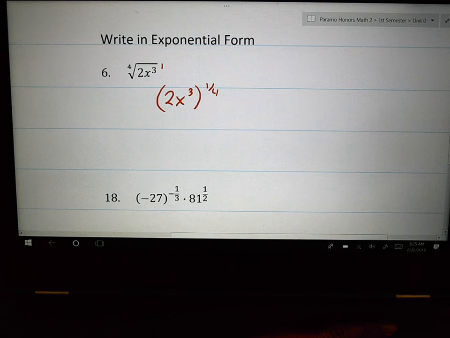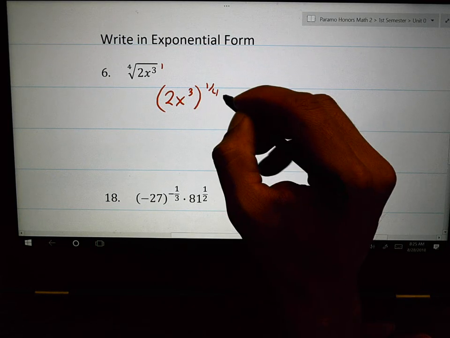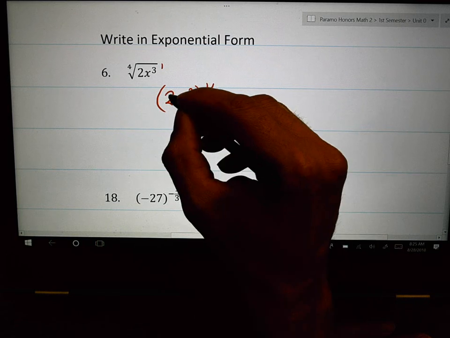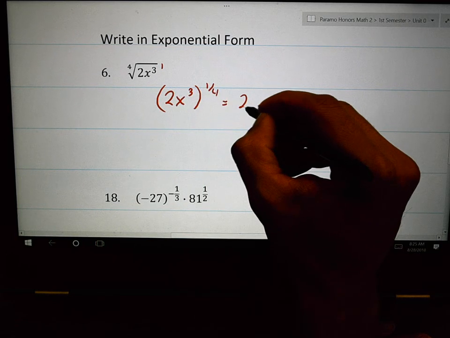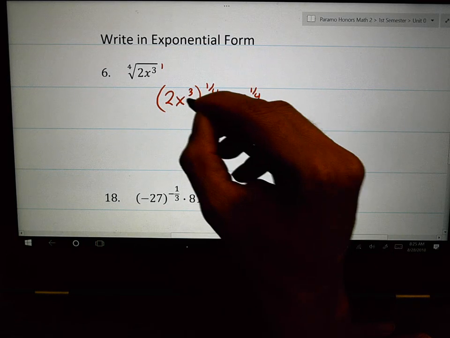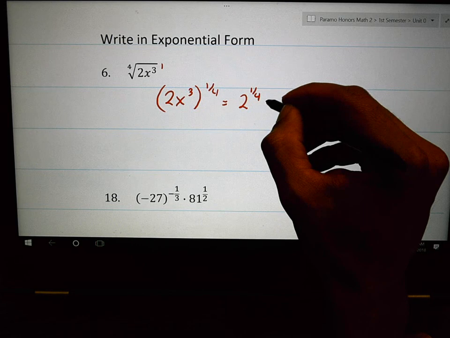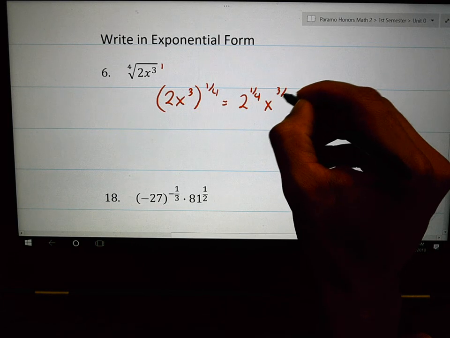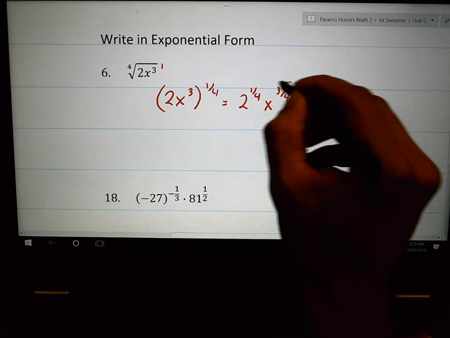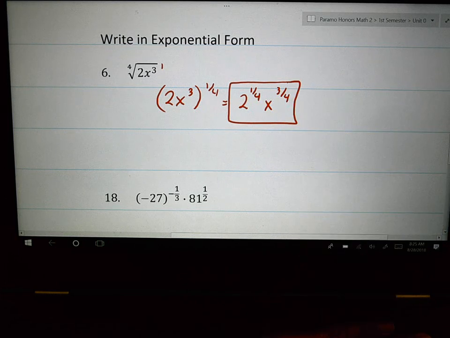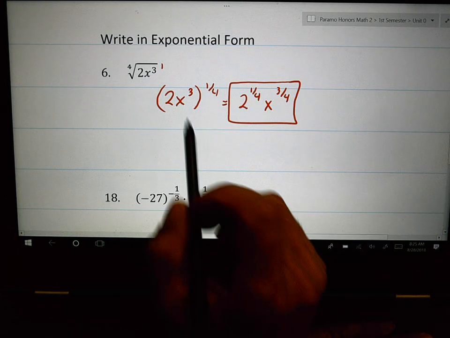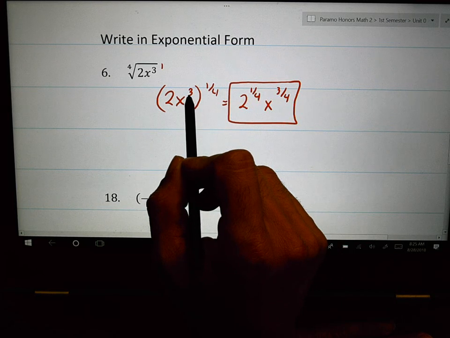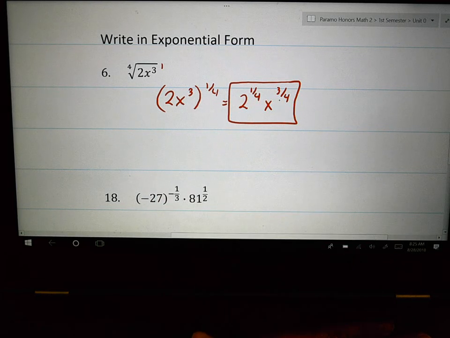What I would do, because I usually simplify this, is I would have the 2 to the 1/4 power, and I would have x to the 3/4 power. Because you're multiplying. And 3 times 1/4, this is like 3 over 1 times 1 over 4 is 3 over 4.